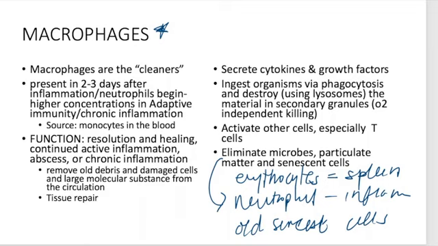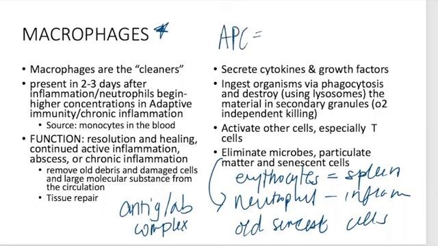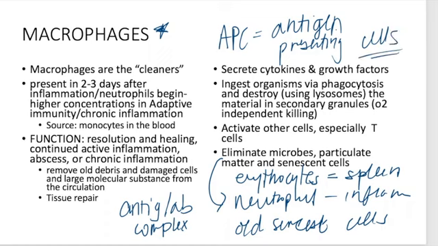Non-cellular targets include antigen antibody complexes. So that is going to be antigen antibody complexes, and that's going to be huge for our adaptive immunity. They are huge in APC, which is antigen presenting cells. So these guys are big with adaptive immunity, and we'll get more into that when we get over there.